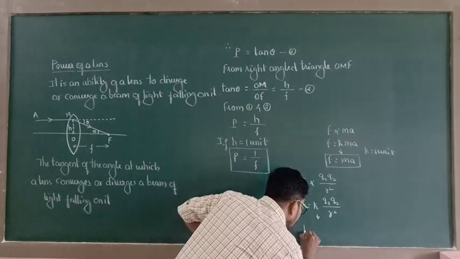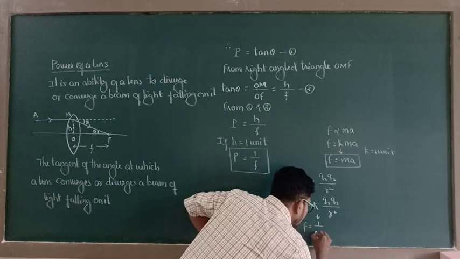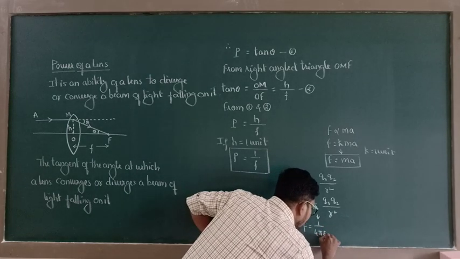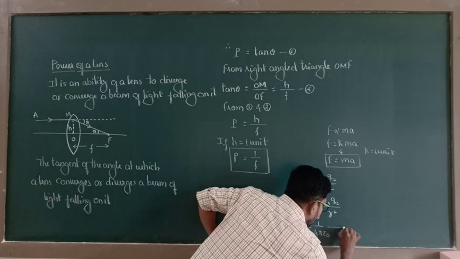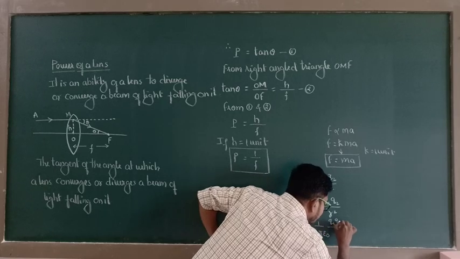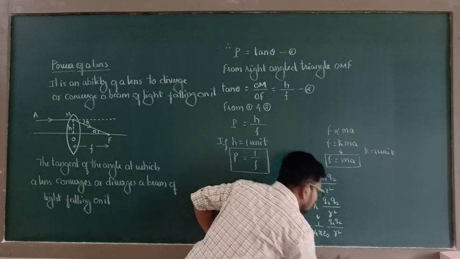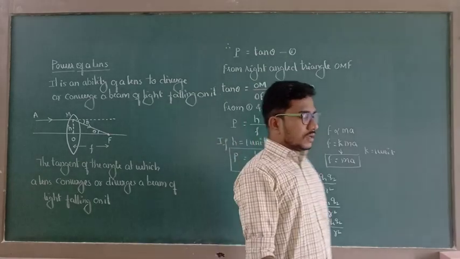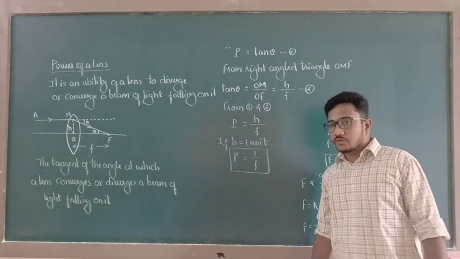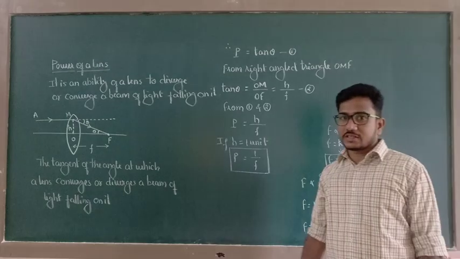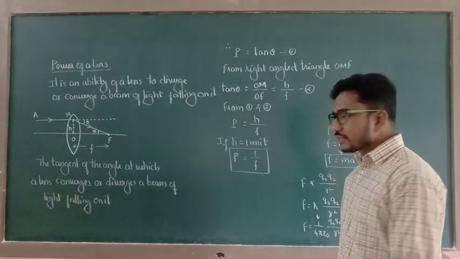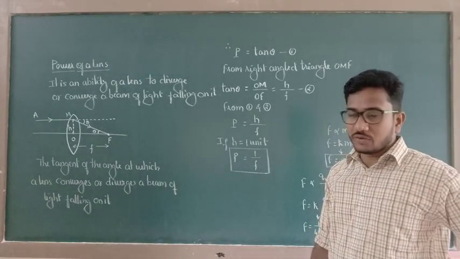F is equal to 1 divided by 4 pi epsilon naught into Q1 Q2 divided by R square. Therefore, if we use a constant term for the first time, we can consider that constant equal to 1 unit.